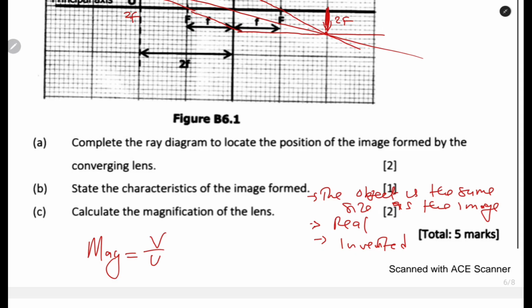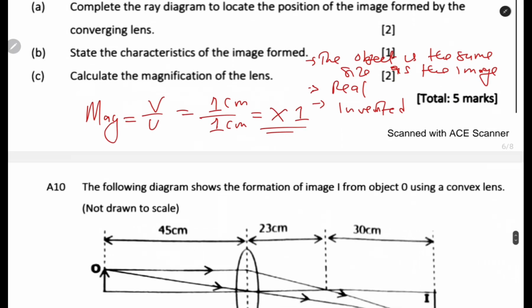In this case, since they are the same, I'm just going to have 1 centimeter on top, 1 centimeter down, and magnification therefore is equal to 1.